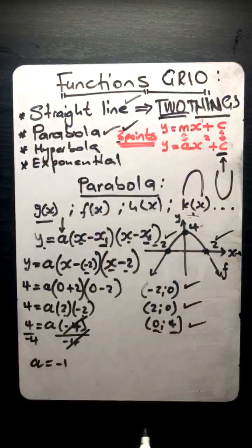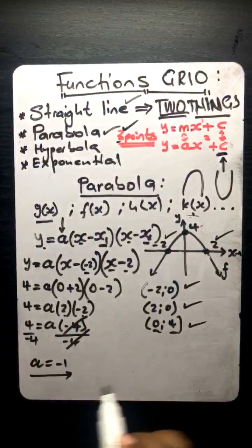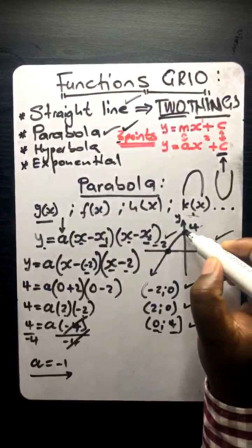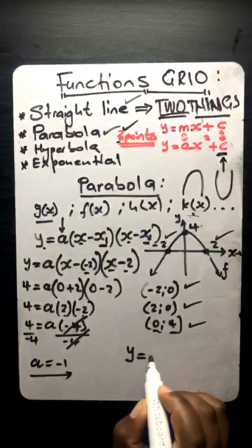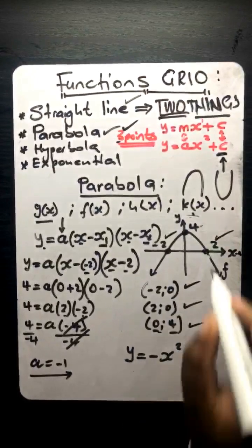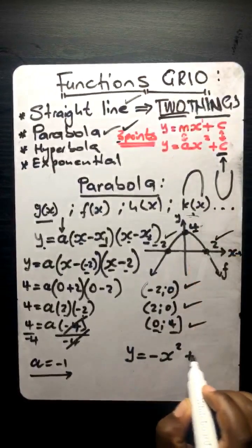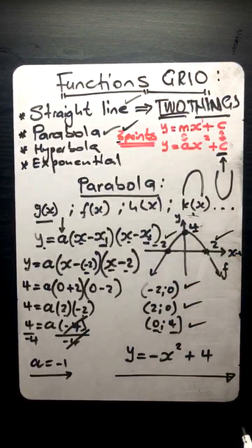It's -1. So can you now see, you've got your a value there, you also have your c value being that. So you can easily say y equals negative 1 x squared. What is your c value? There it's your c value being 4. Then you are done. That's how you determine an equation of a parabola.